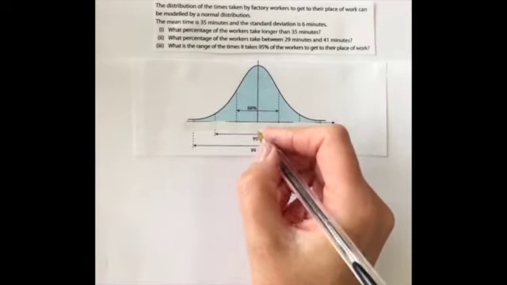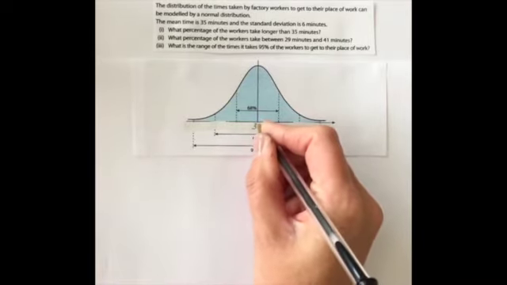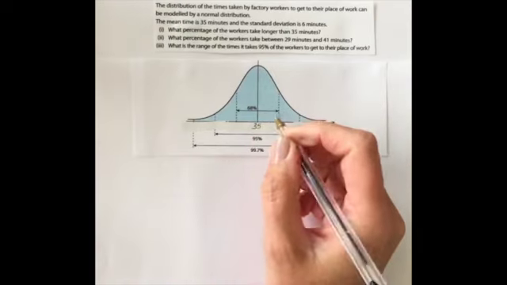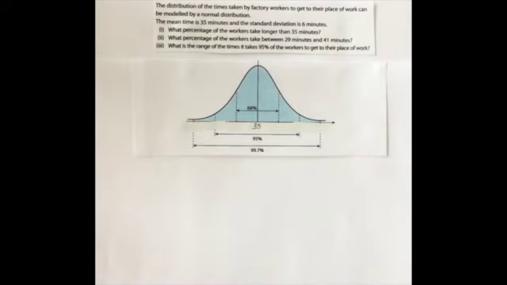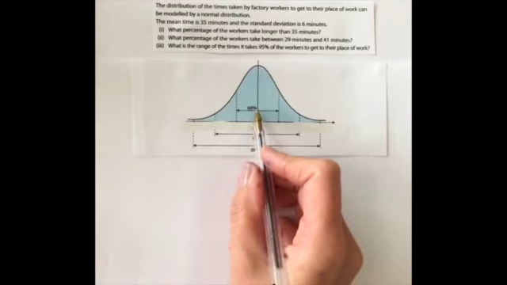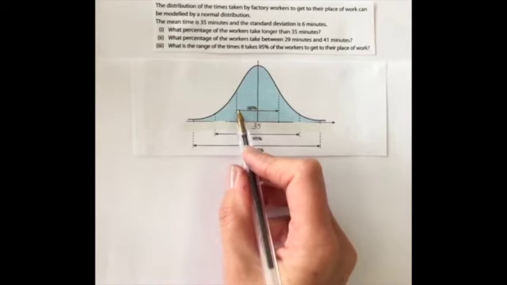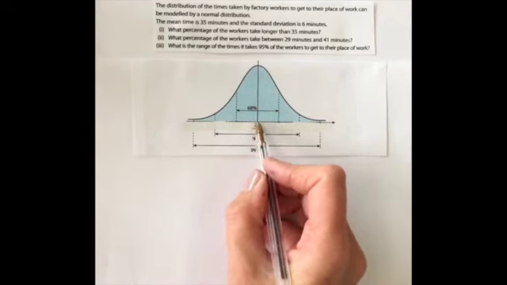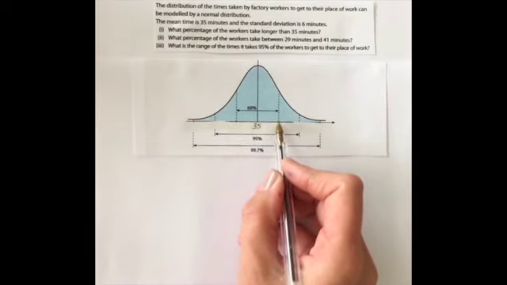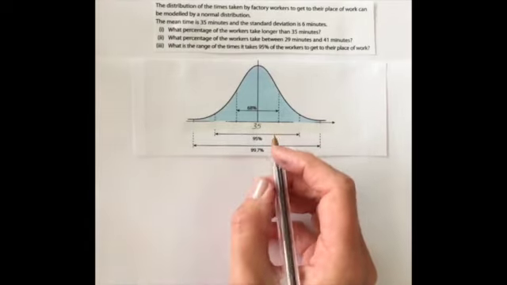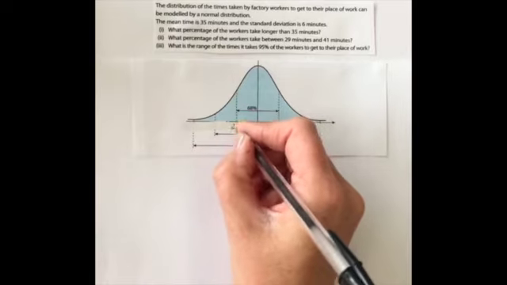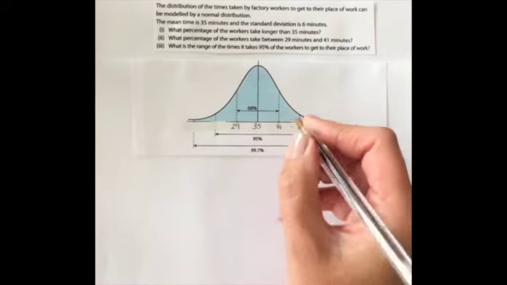Since we know that the mean time is 35, that's slap bang in the middle. And then the standard deviation is 6 minutes. That means 68% is going to lie within 6 minutes of the 35. So 35 take away 6 and 35 add 6. So that works out to be 29 and 41.